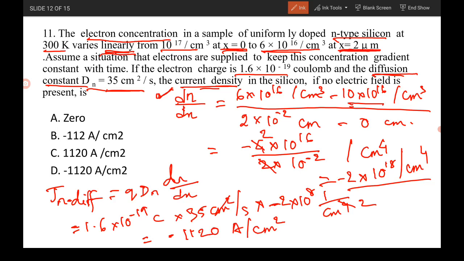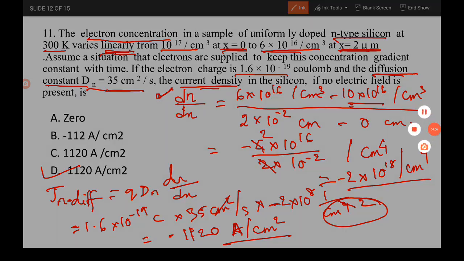Coulombs per second is amperes and here the unit is centimeter square. So you have to be careful while calculating the units, and this is a simple calculation. You can simplify and get the answer as minus 1120 ampere per centimeter square. So our answer is option D. Now let's move on to the 12th question.